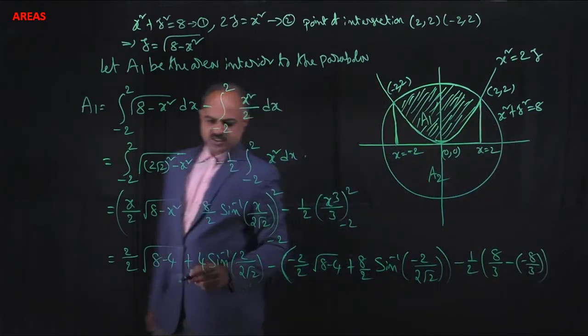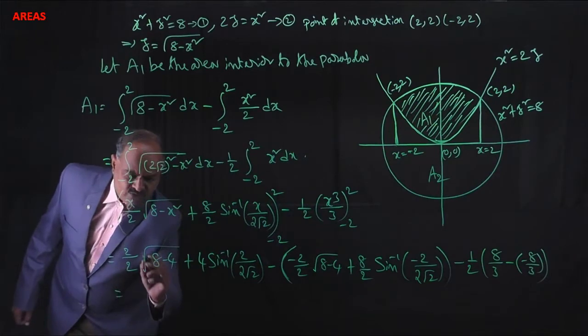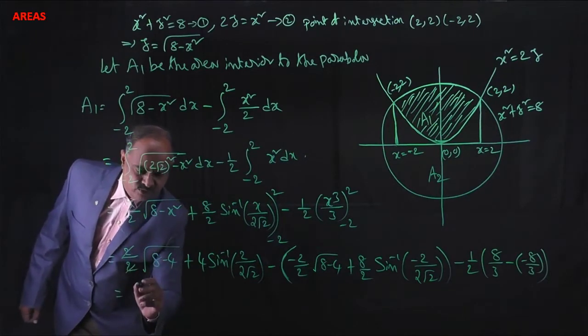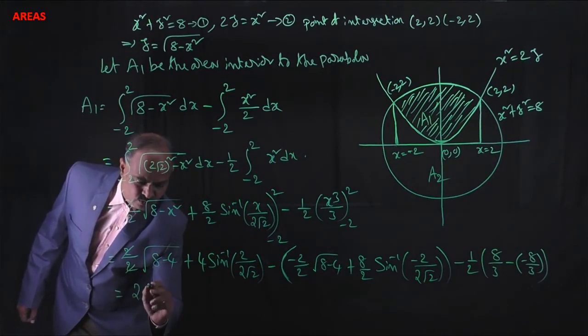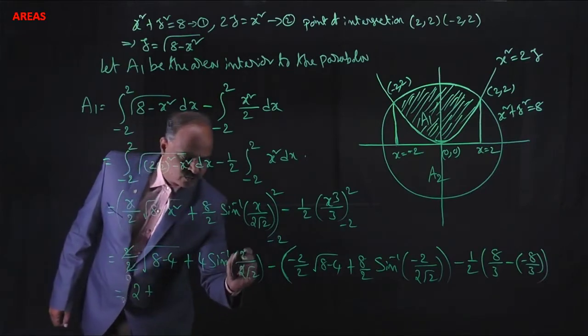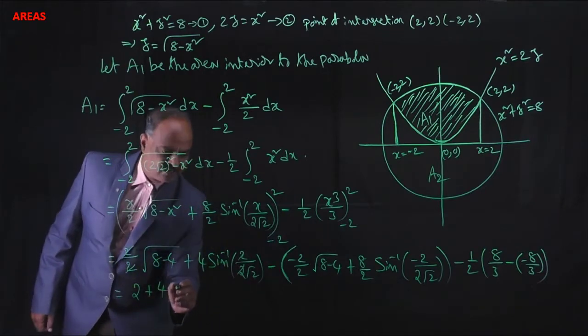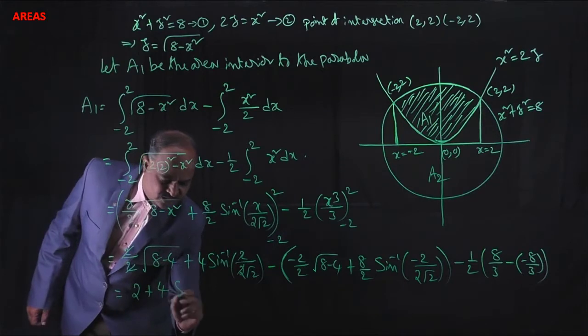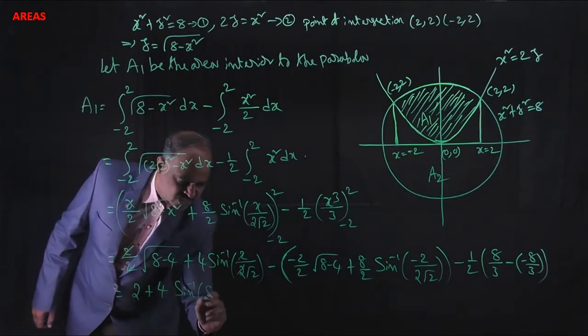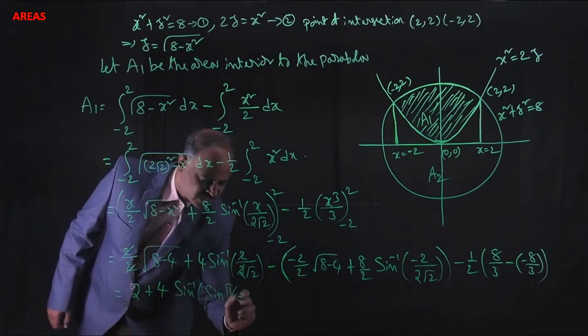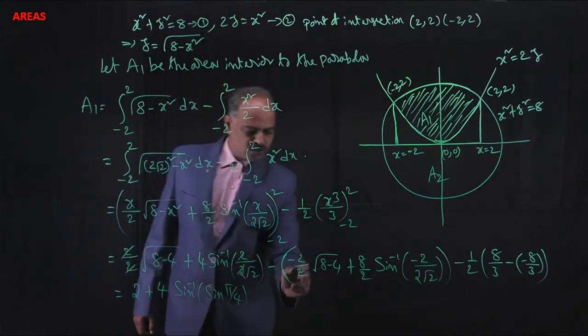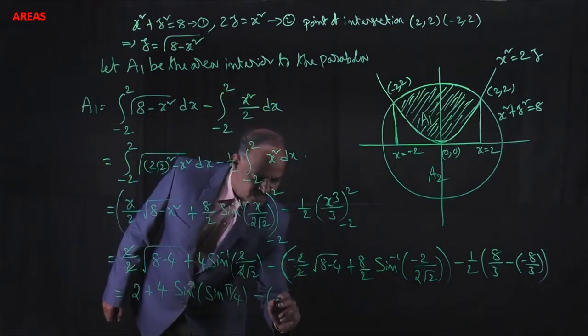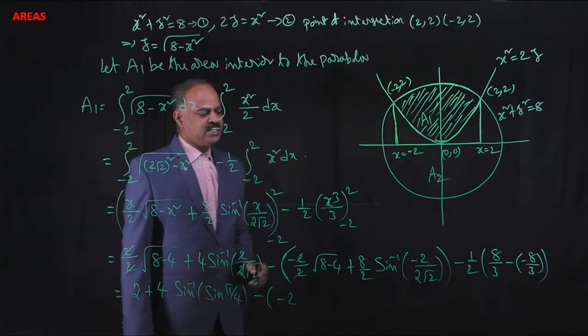Now here this is equals to square root of, here this 2 and 2 get cancelled, square root of 4, that is equals to 2 plus 4 into, this 2 get cancelled, 4 into sine inverse 1 by root 2, here that is equals to sine inverse sine pi by 4. So here this 2 and 2 get cancelled, minus of minus 2.